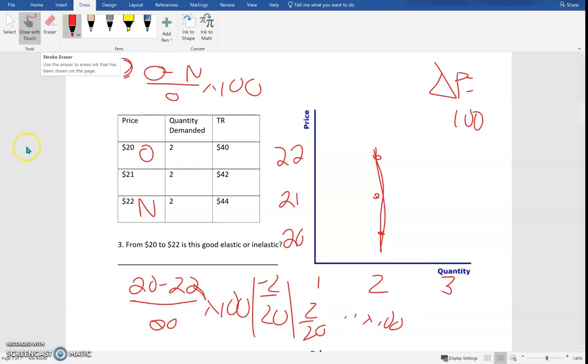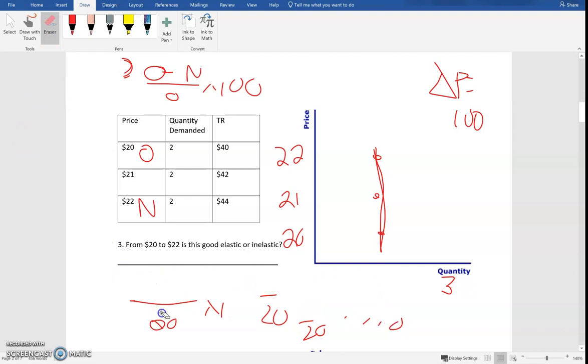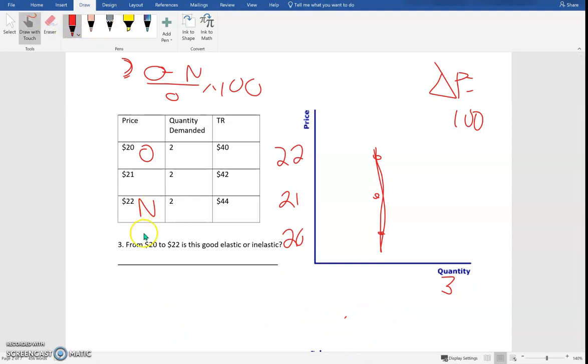Now delta QD, I'm going to erase this other work, so if you need to pause this for a moment so that you can write down this work, go ahead and pause the video. Okay, so let me erase. And again, same thing, now with quantity demanded. So 2 minus 2 over 2 times 100 is 0 over 2. 0 times 100 is 0.